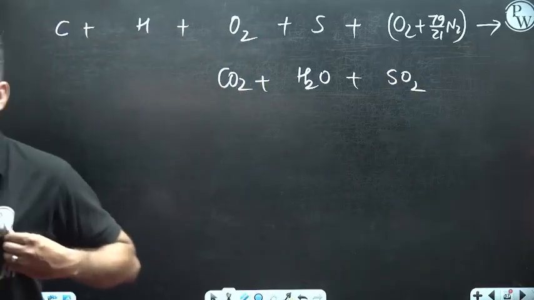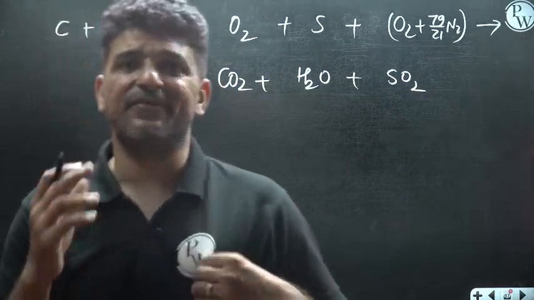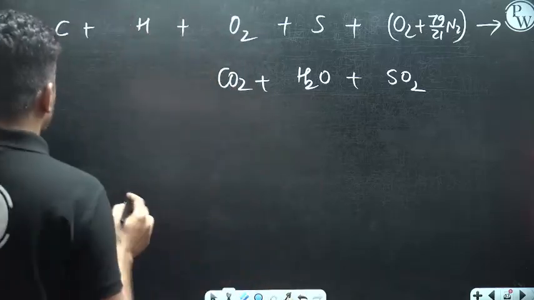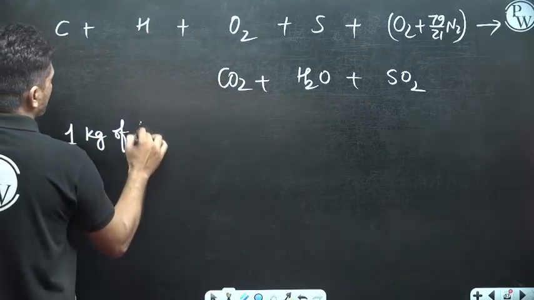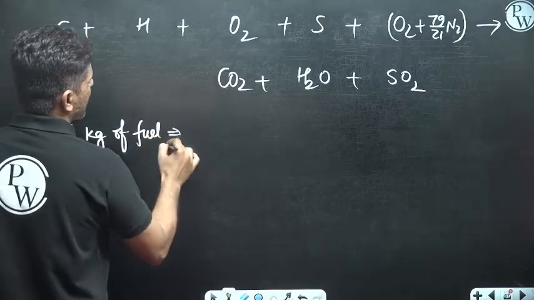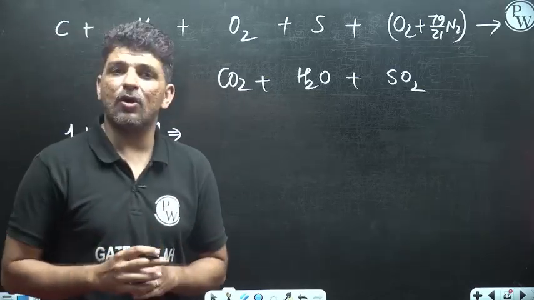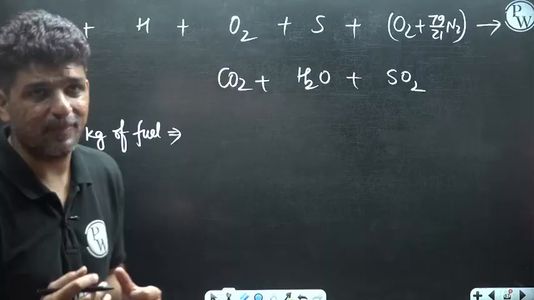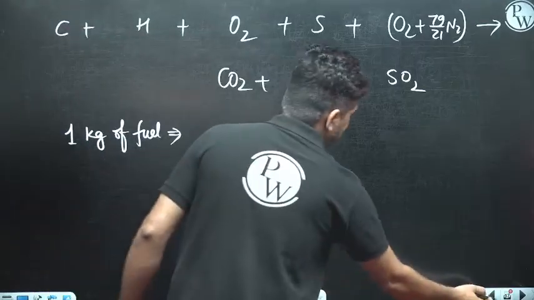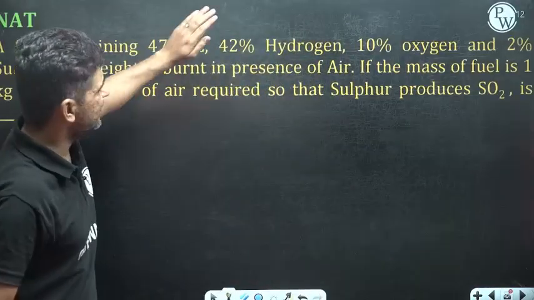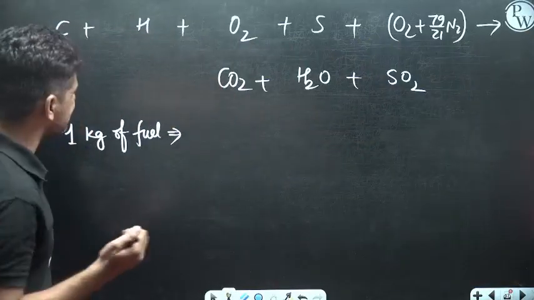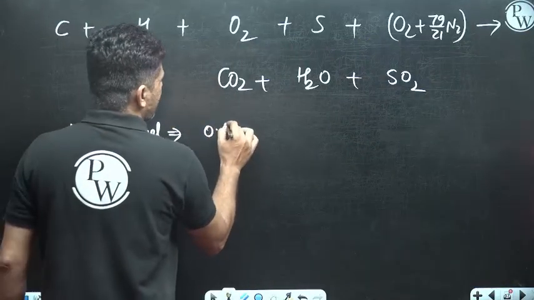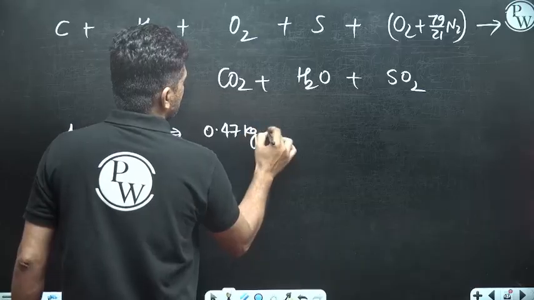Okay. So now you see that he is giving you 1 kg of the fuel. Then what will be the amount of carbon? He is saying 47% carbon, 42% hydrogen. So when we say 47% carbon, that means 0.47 kg of carbon.